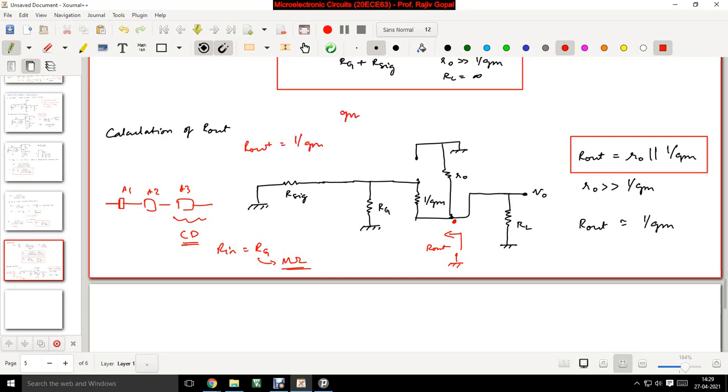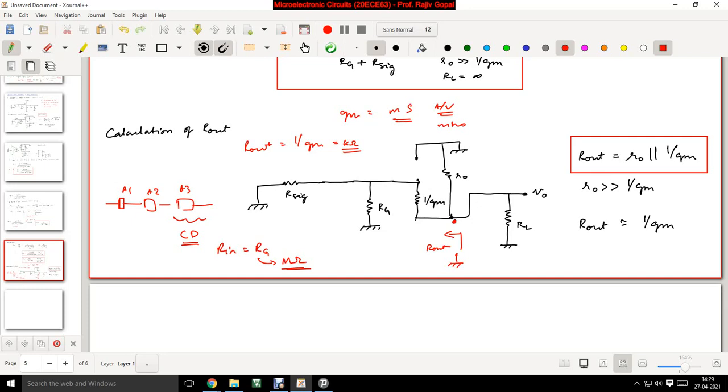Typically gm is in the order of milli Siemens. Siemens here is ampere per volt, or mho, the opposite of ohm. So R out will be in the order of kilo ohms. When you compare it to Rin, obviously it is a lower value.